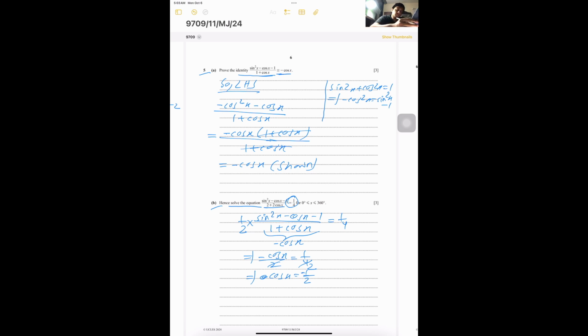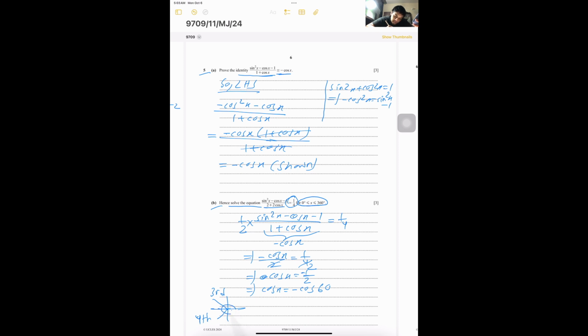So cos x is minus half, so we will do cos inverse of 0.5, which is 60 degrees. So all sin tan cos. Cos is negative in the second and third quadrants, and they've said that the cycle goes from 0 to 360.